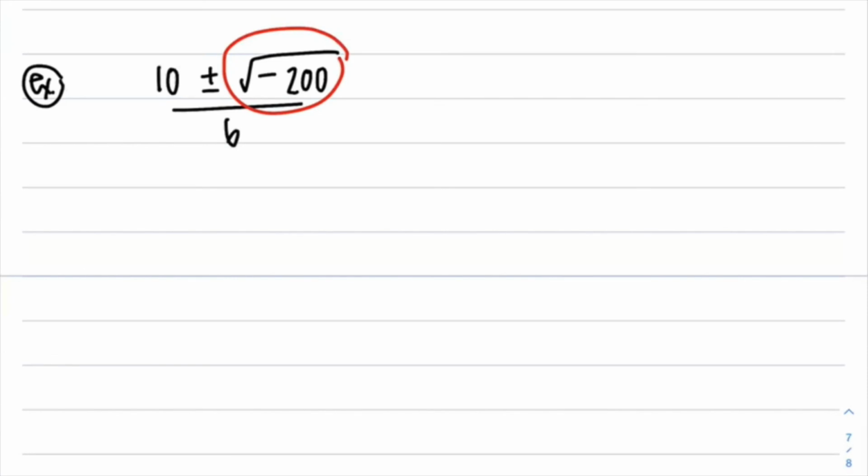Now think, if I took the square root of negative 200, first, is that possible? Second, if you just plug it into the calculator, you're going to end up with an error. Because you can't take the square root of a negative, what that is indicating is that this problem has no solution.